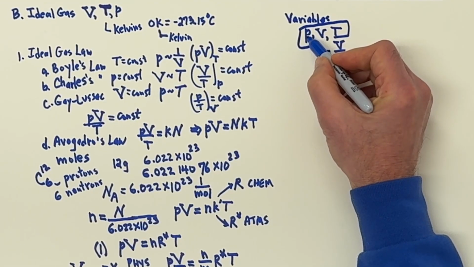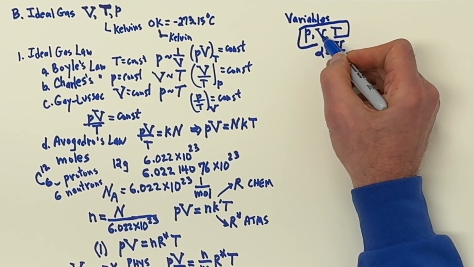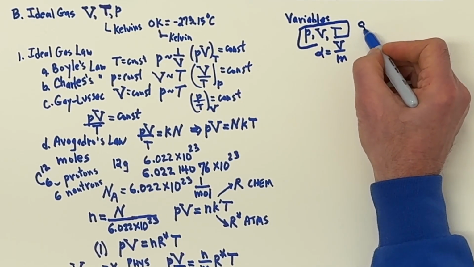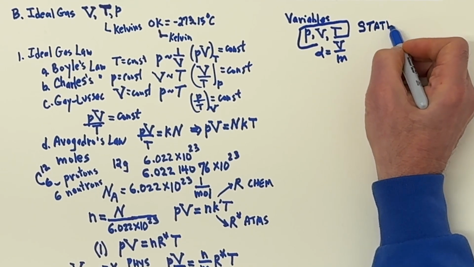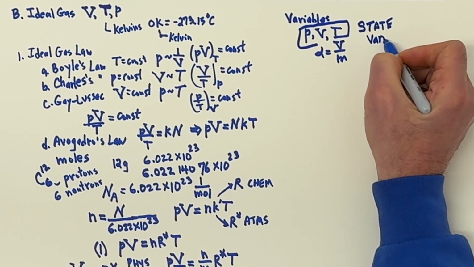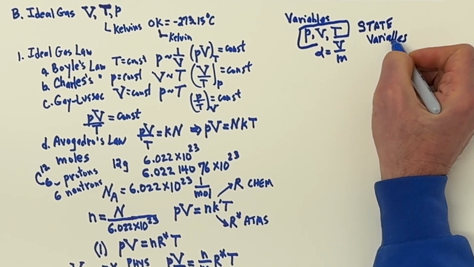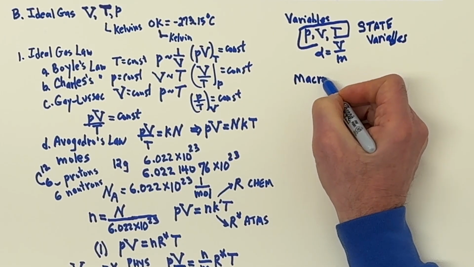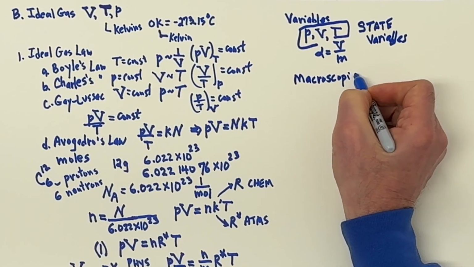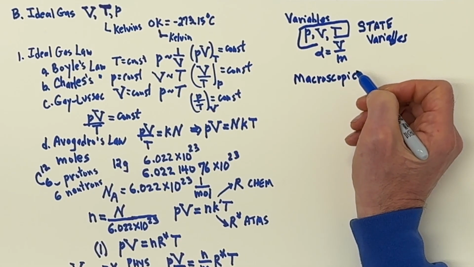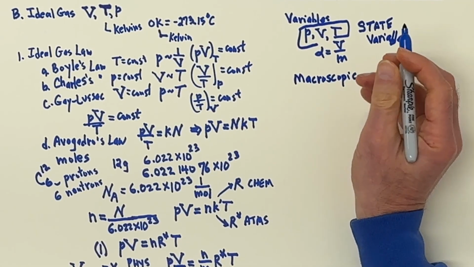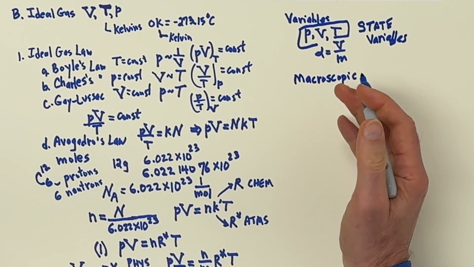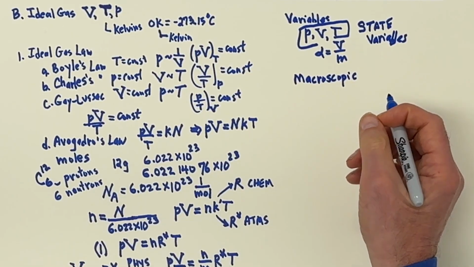The pressure in the lab can be measured, the volume can be measured, and the temperature can be measured. And these are called state variables, since they describe the state of the gas, and they can be measured in the lab. They're also called macroscopic variables, since they can be measured in the lab, and they're properties of a gas that's large, in contrast to, say, molecules and specific things like that.